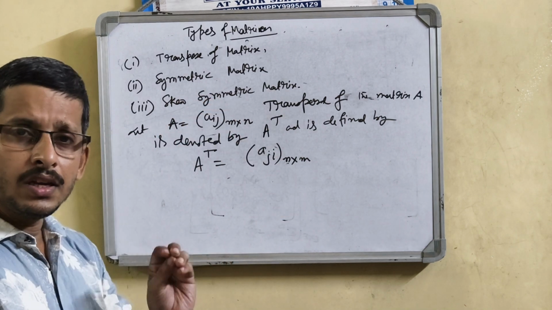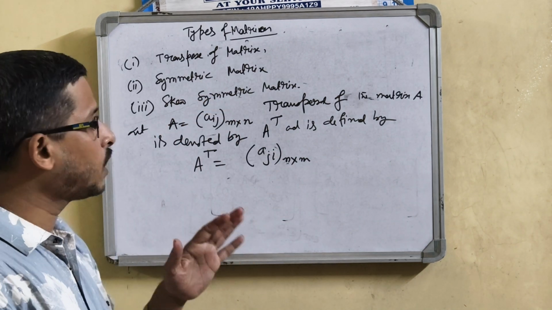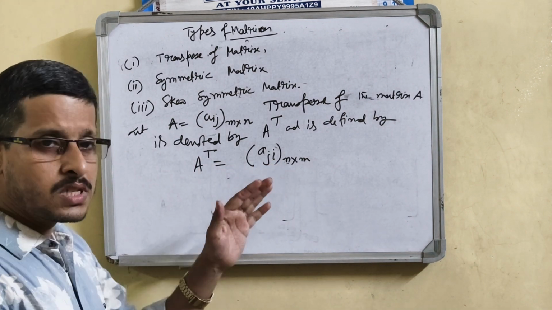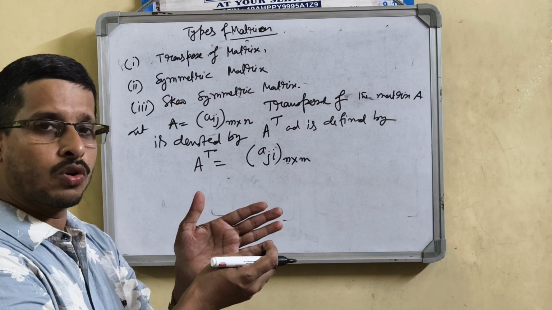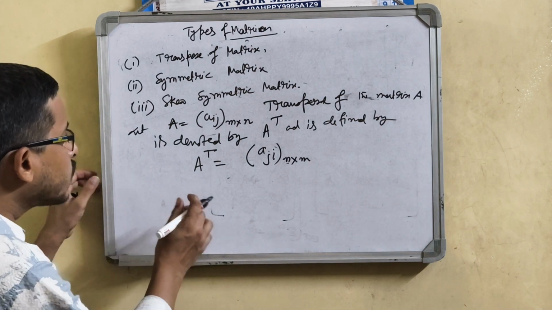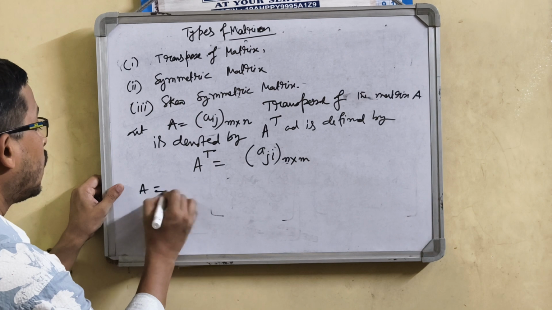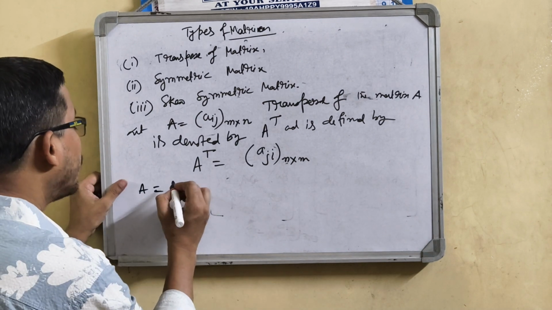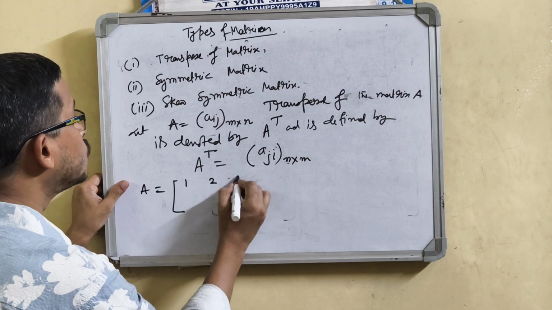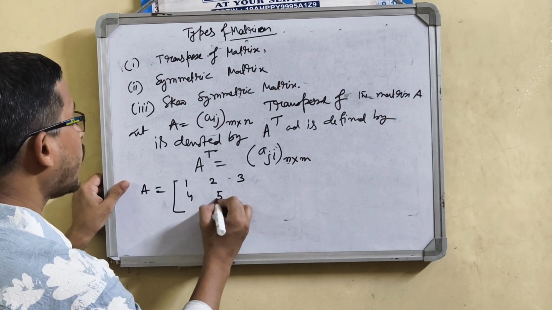Very simply, to understand the transpose of a matrix, you just have to make all the rows into columns and columns into rows. Let us give an example. Consider the matrix 1, 2, 3 and 4, 5, 6.